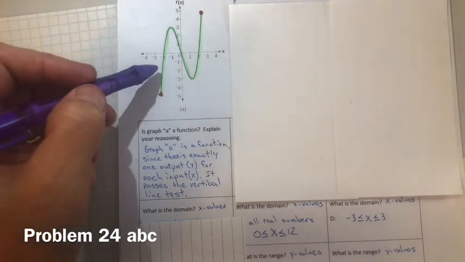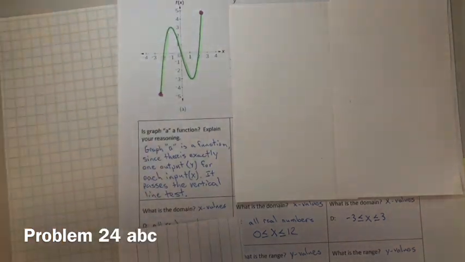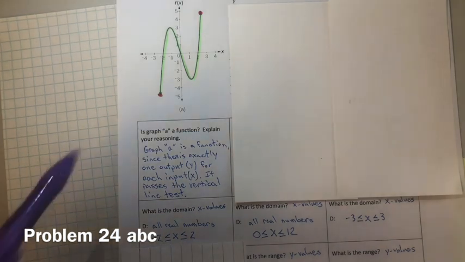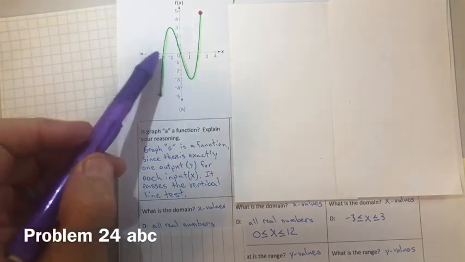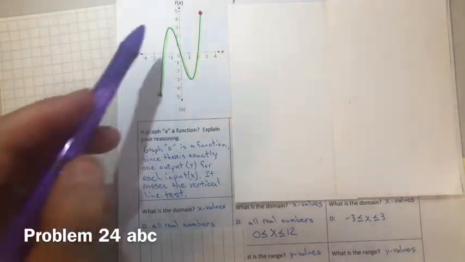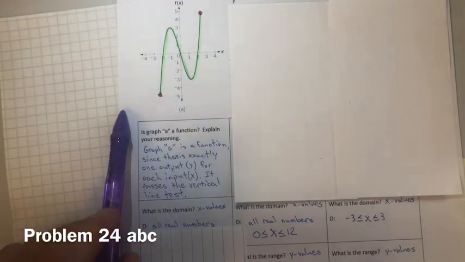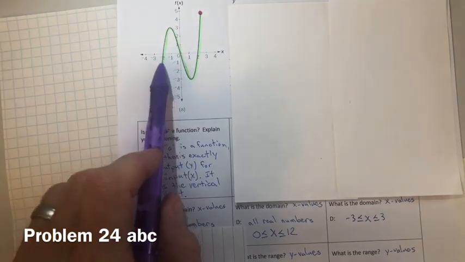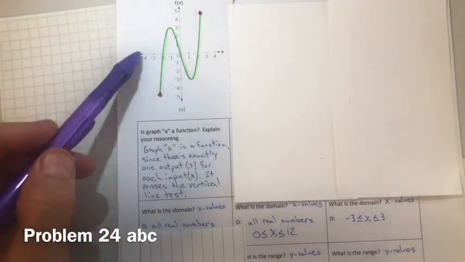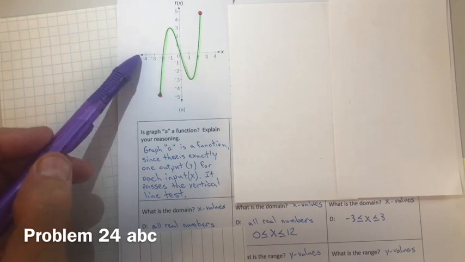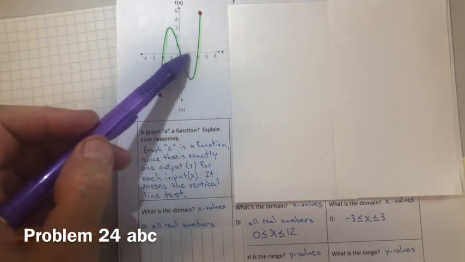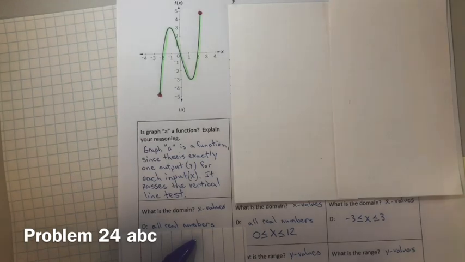If there are arrows, it means it's going forever. So on yours, you have arrows. And so that means these arrows are going to go forever in the negative direction, the negative x's, and forever towards the positive x's. So that means that the x values have a domain of all real numbers.